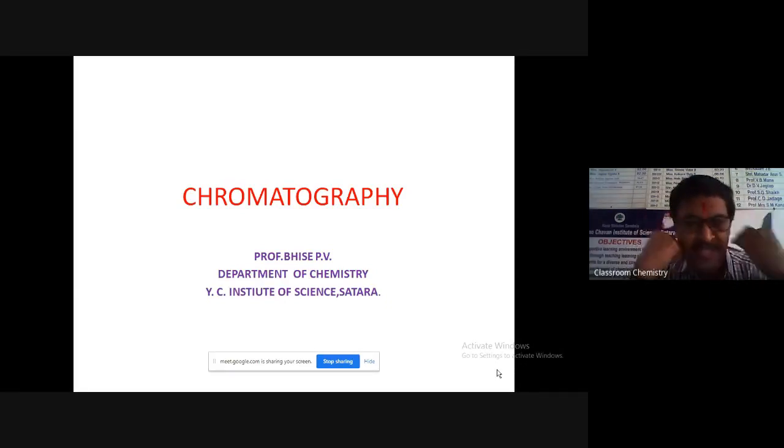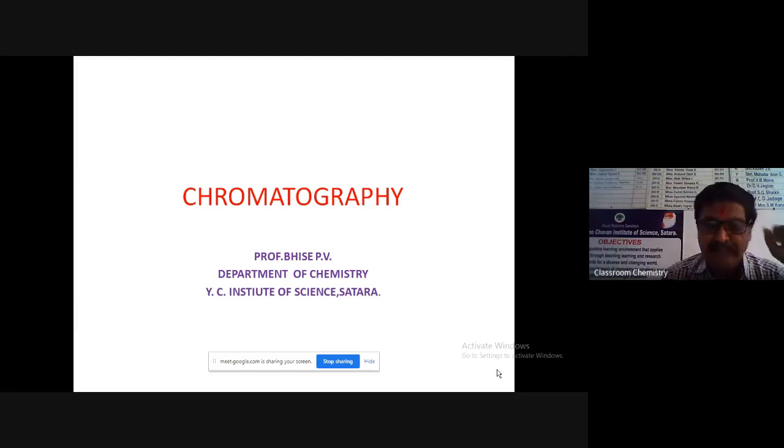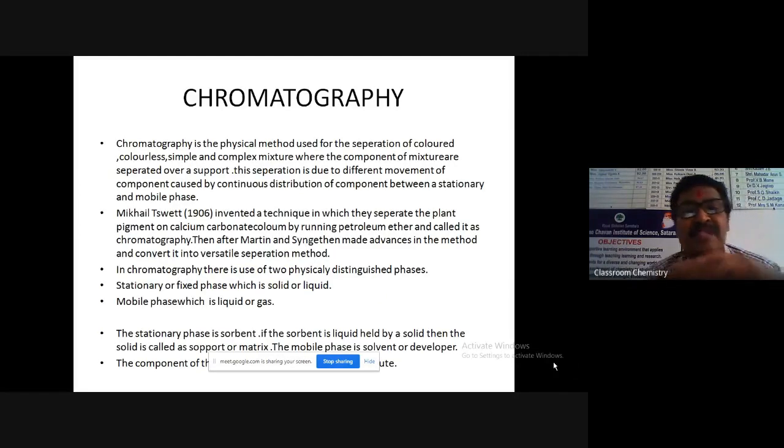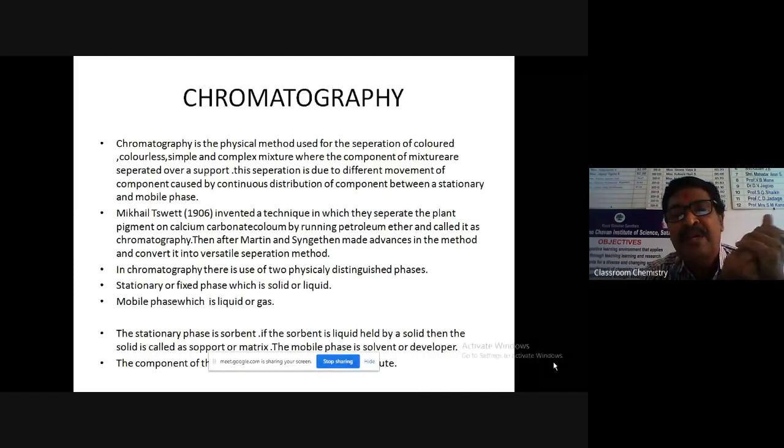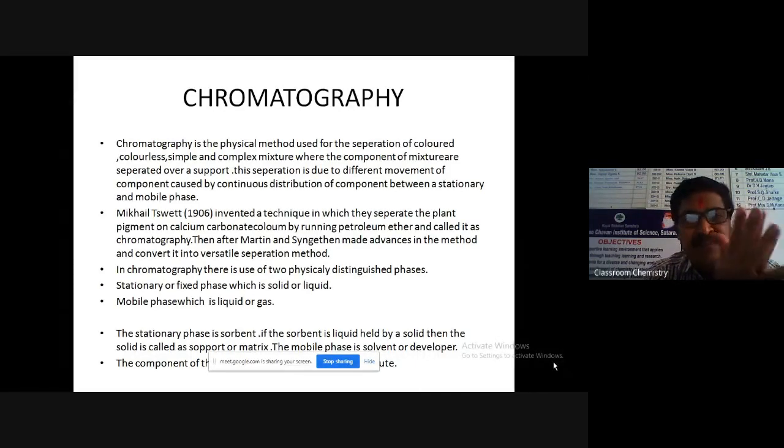So last time we started with a new chapter from analytical and industrial chemistry, and that is chromatography. As we have seen, chromatography is a physical method used for the separation of colored, colorless, simple and complex mixtures, where the components of mixtures are separated over a support. The separation is due to the different movement of components caused by continuous distribution of components between a stationary and mobile phase.